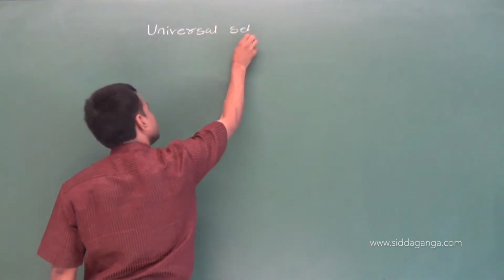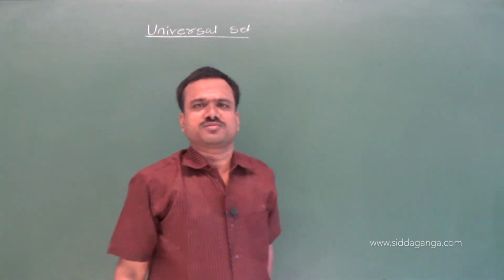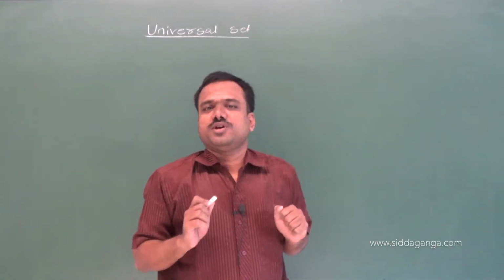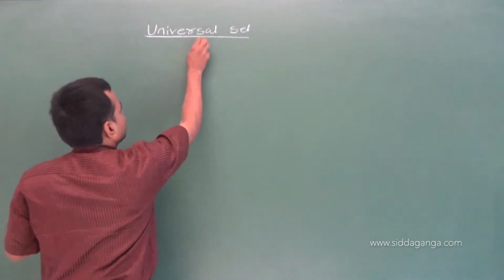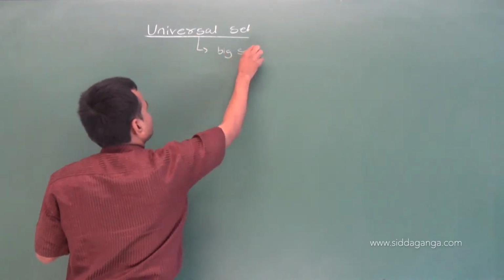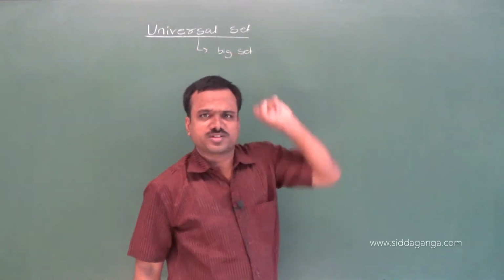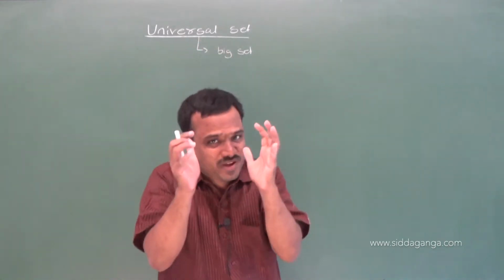Universal set. The word says universe, a big set. Universal set means it is a big set. I explain in a simple way, big set. Universe, the word says universe. That's why universal set means it is a big set.